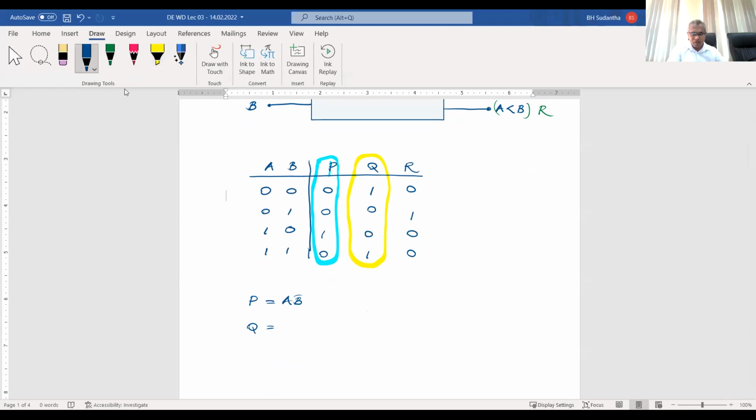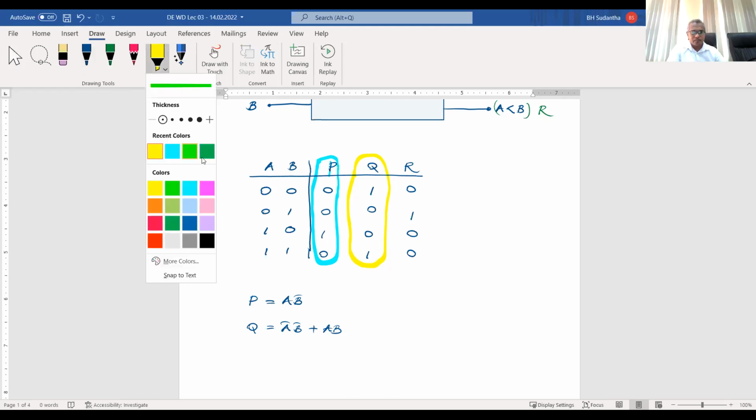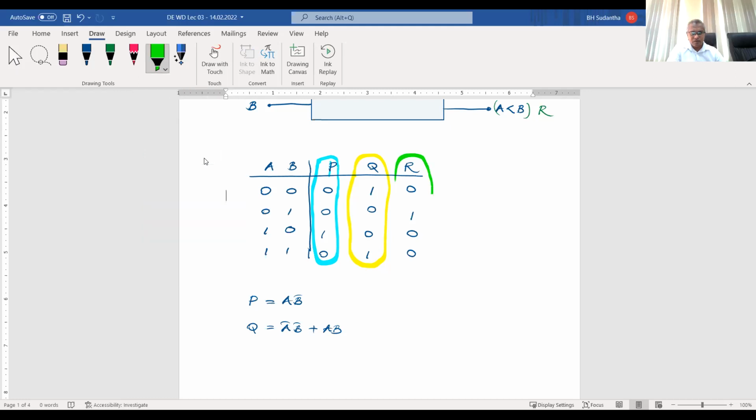We can write Q considering this: A bar B bar plus AB. The last one is R. We have to separately consider these 3 columns to write 3 output equations. Here also we have only a single term, that is A bar B.